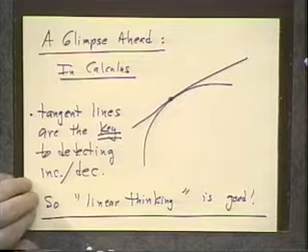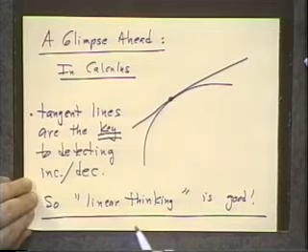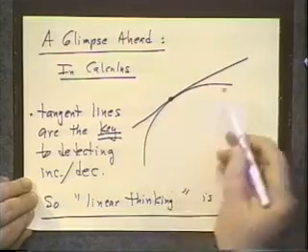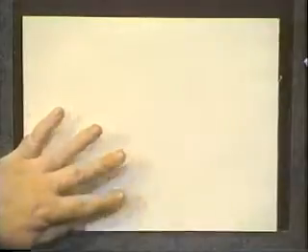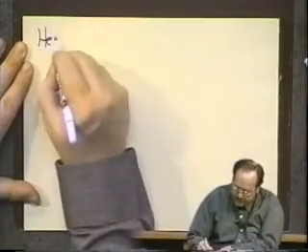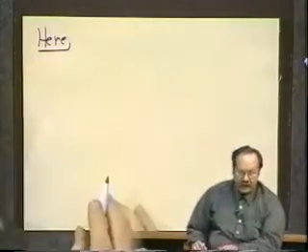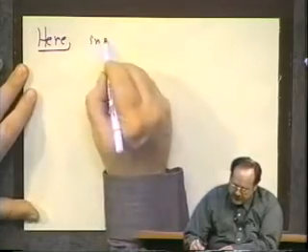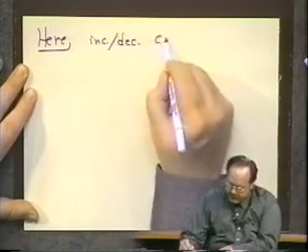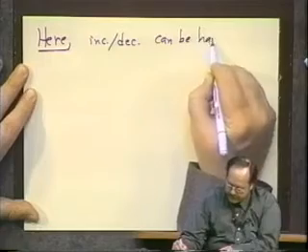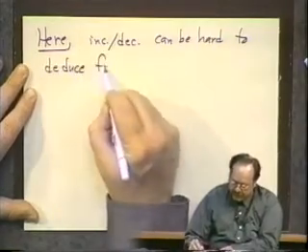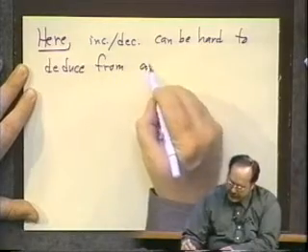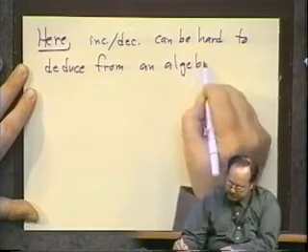And for now, however, since we don't have calculus, and we are interested in knowing where these functions are increasing and decreasing, what are we going to do? Well, without calculus, increasing and decreasing can be hard to deduce from an algebraic function.